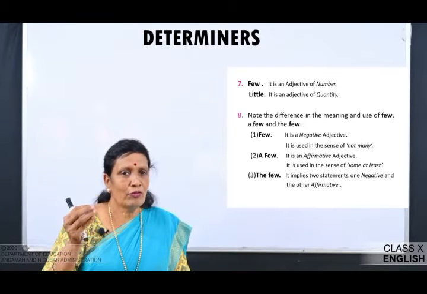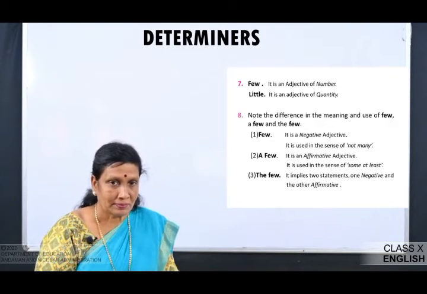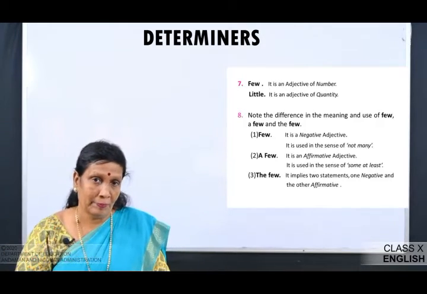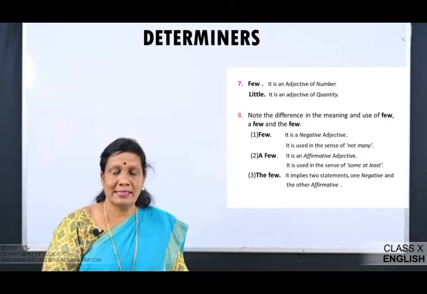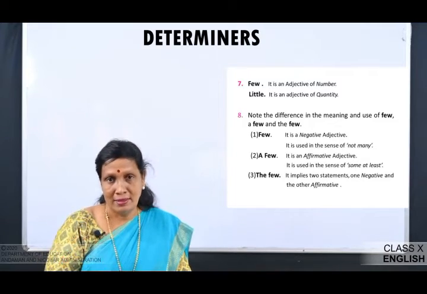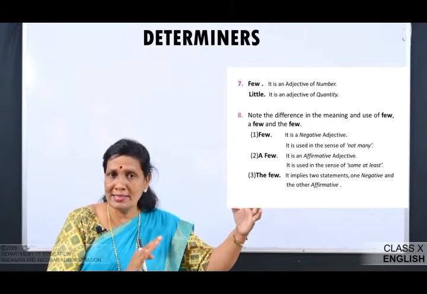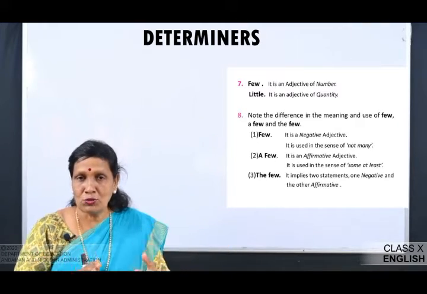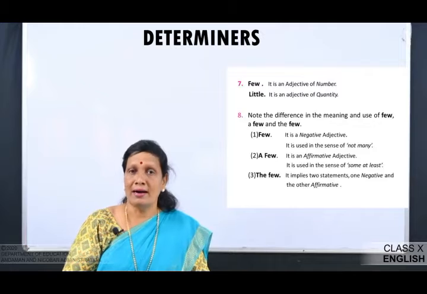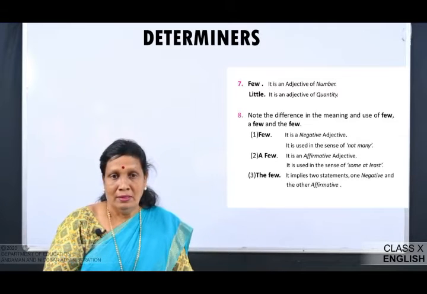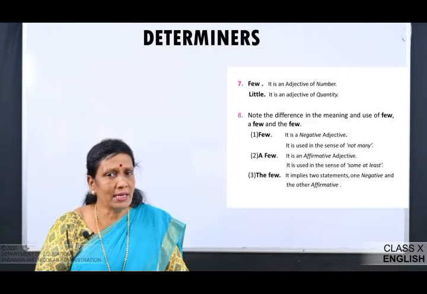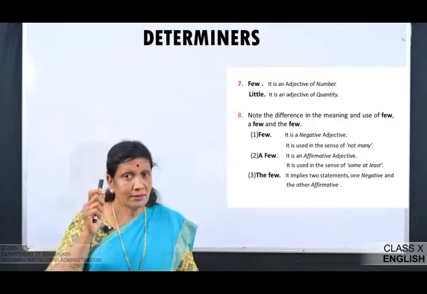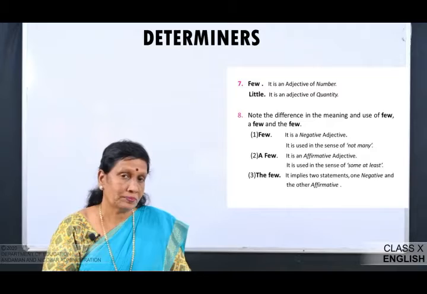Now, few and little. Few is an adjective of number, and little is an adjective of quantity. Children, I told you about quantifiers and numeral in the beginning when we tried to understand what determiners are. Now, note the difference in the meaning and use of few, a few, and the few.